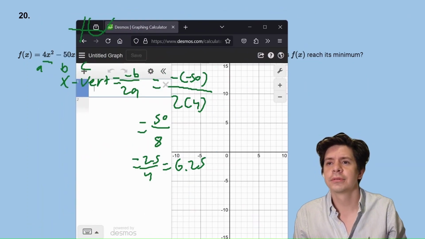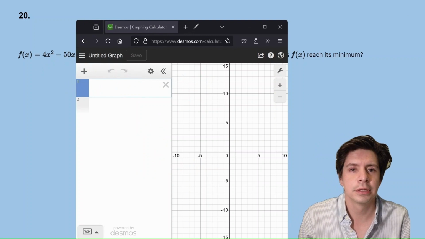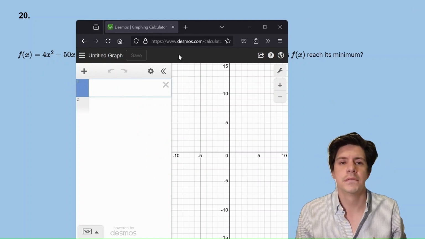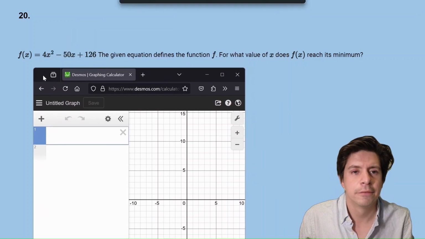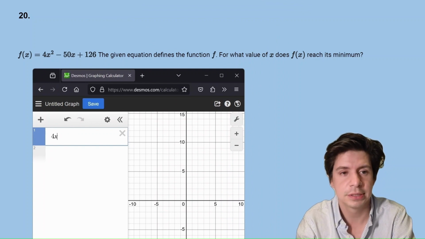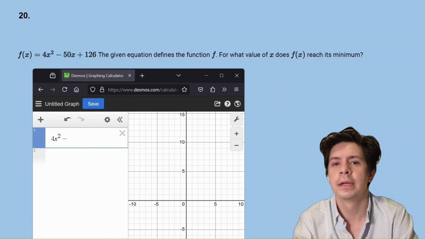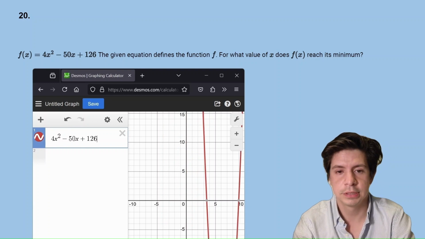I'm just going to erase what I have, and clear the drawing, right? So now we're going to go here. We have the equation 4x squared minus 50x plus 126.